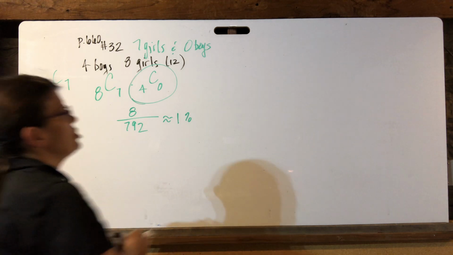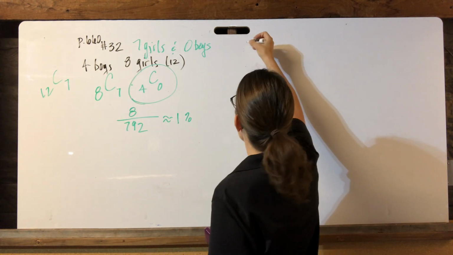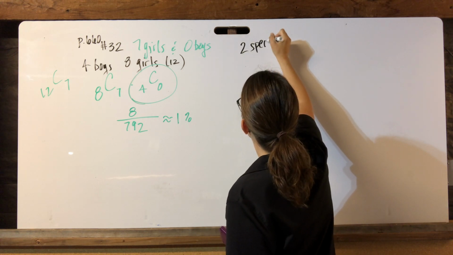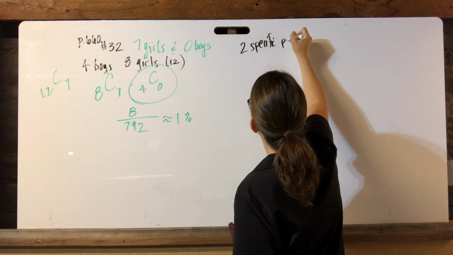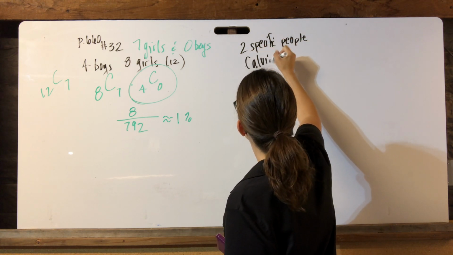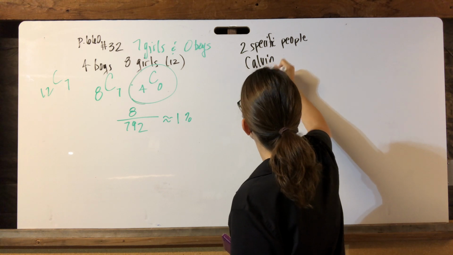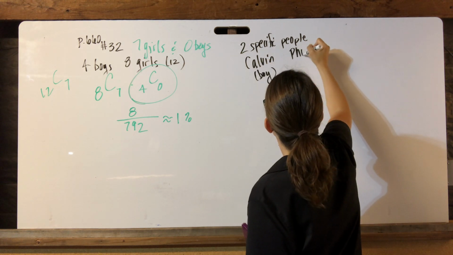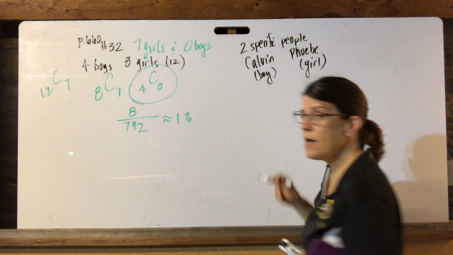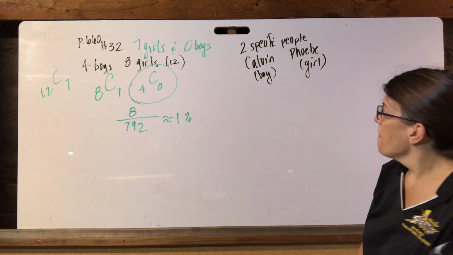What's the probability that you choose 2 specific boys? So I'm just going to say that you choose 2 specific people. And we're going to say Calvin, who's a boy, and Phoebe, who is a girl. Okay? All right.